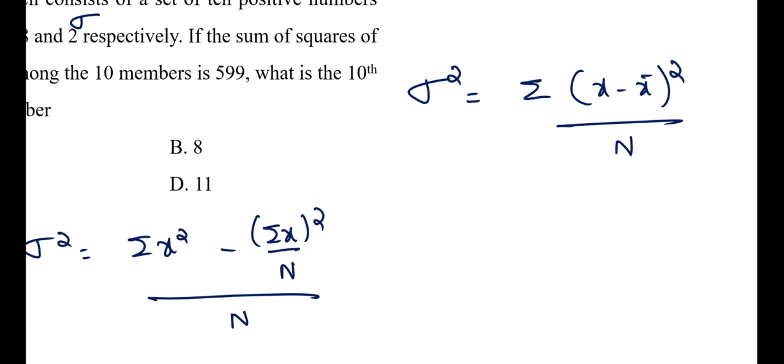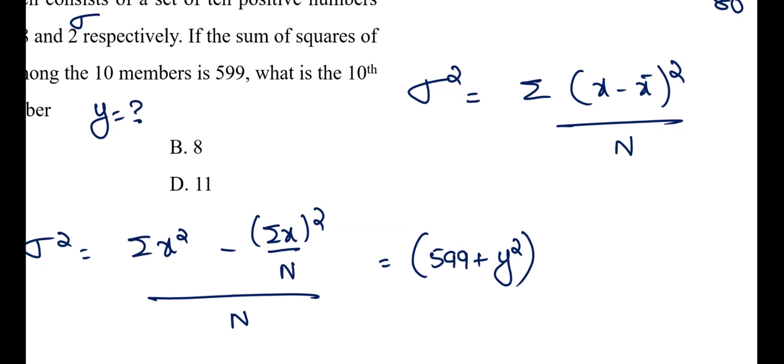Mean is 8, number of terms is 10, they gave 10 positive numbers, sum of x is 80. Sum of x square, sum of squares except one number. Out of 10 numbers, 9 numbers are there, one number is missing. So sum of x square is 599 plus the unknown thing, y square, you need to calculate. Y is the question mark actually. I am taking the 10th number as y.